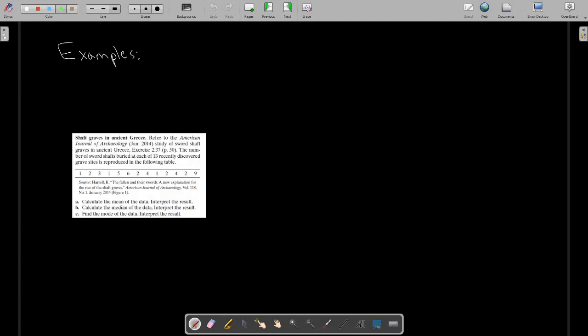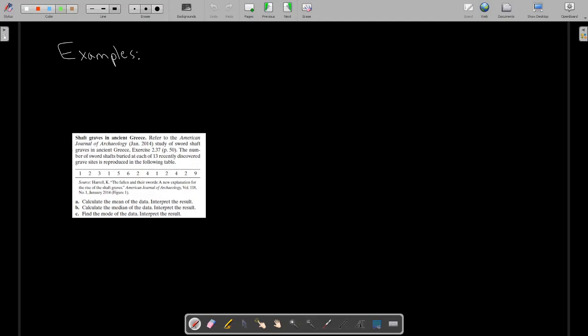And so now we're going to look at a couple of example problems to reinforce this. These are both taken from a textbook I've used in a previous statistics class. The first one here is about sword shaft graves in ancient Greece. It tells us to refer to a study of sword shaft graves in ancient Greece.